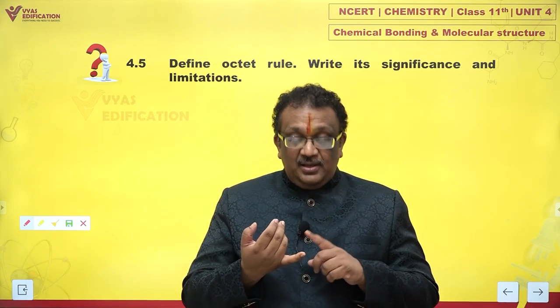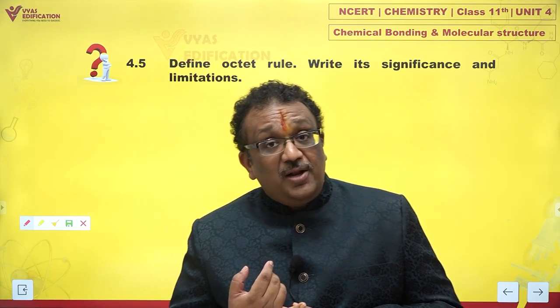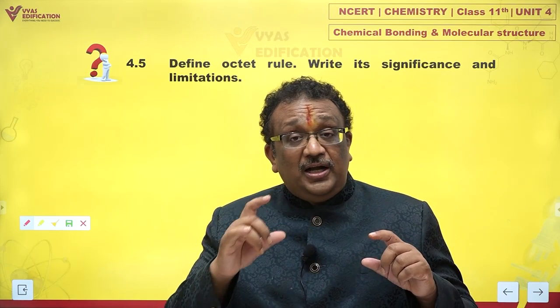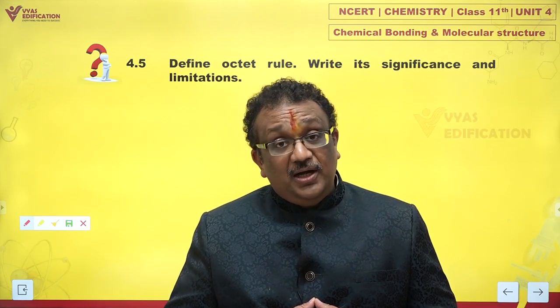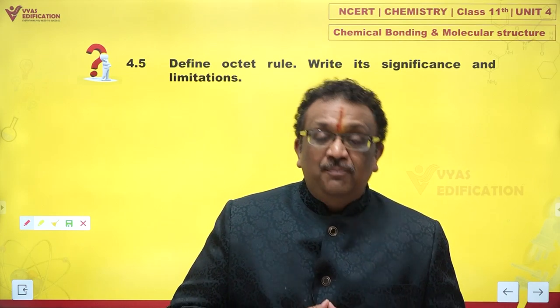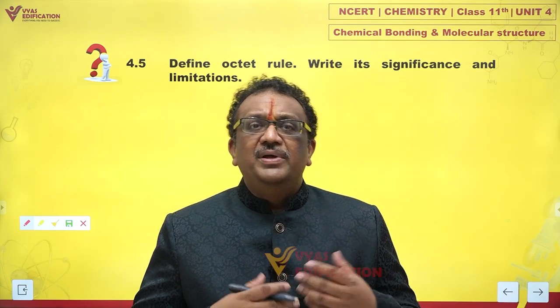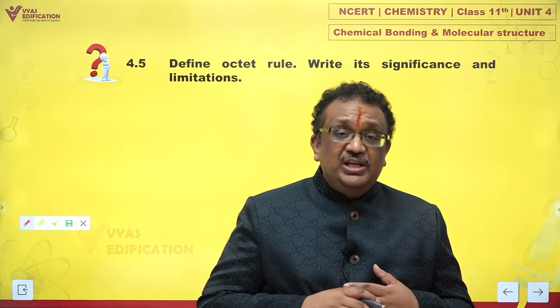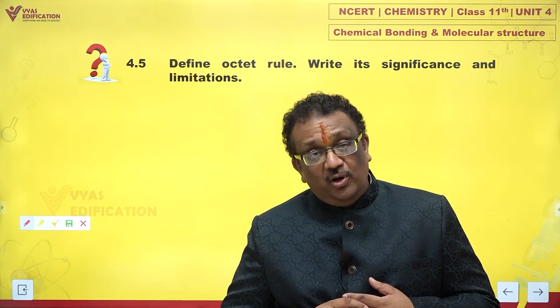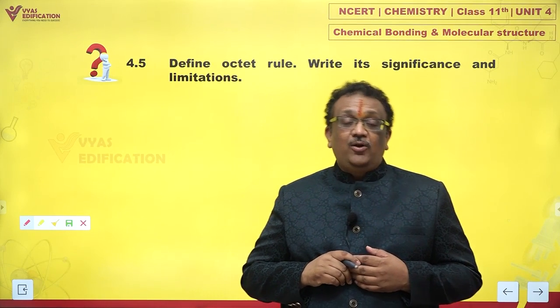Then for second period elements, the octet may remain incomplete in some cases like BF3, BCl3, BeCl2, BeH2, especially atoms of beryllium and boron. Whenever they form compounds, often they have an incomplete octet.